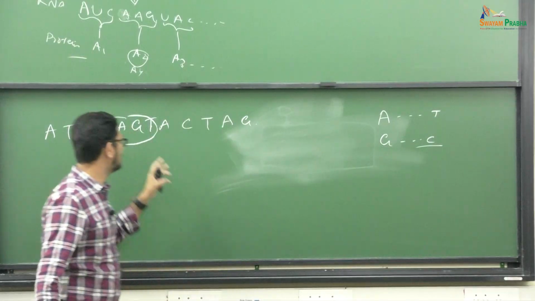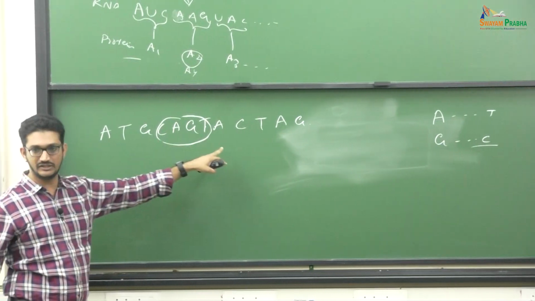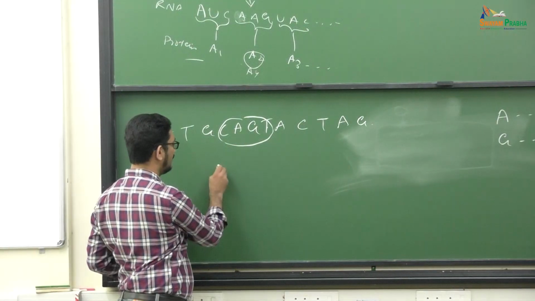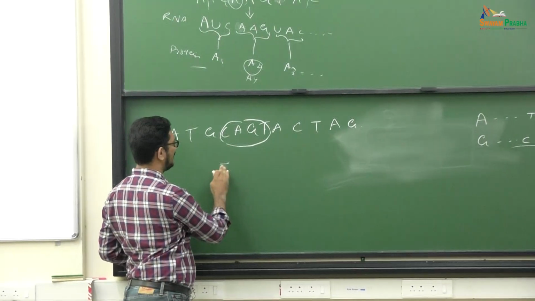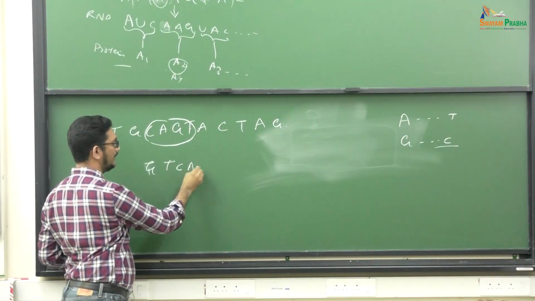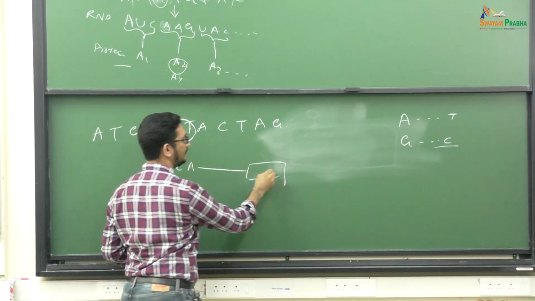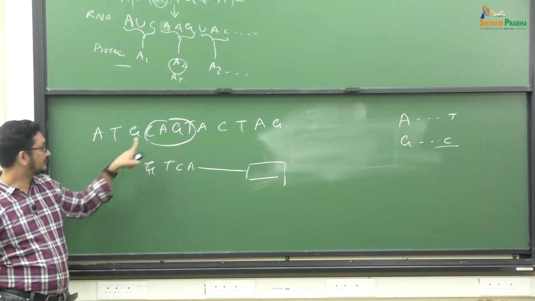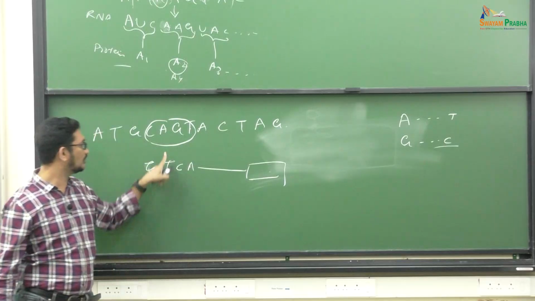So if you want specificity, suppose you have a CGGT, then you need to design your guide molecule that will have G, T, C, A, right? And then you have your non-specific enzyme. So this will only go and bind here. This will not bind anywhere else because there is no complementarity.